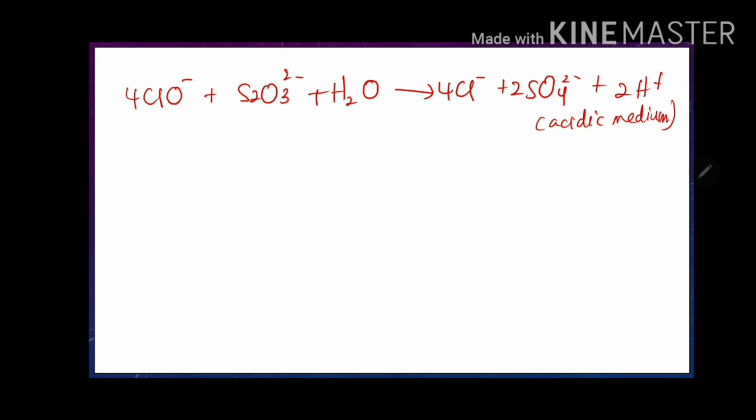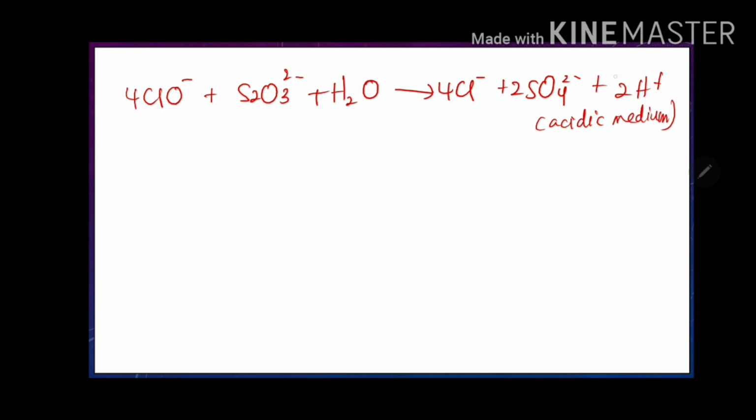You do the same steps, and after you get this answer, you have to add one more step, which is to add OH- to both sides of the equation so that H+ here can be combined with OH- to form H2O, meaning we want to cancel the H+ ion. We don't want to see H+ ion in the equation.